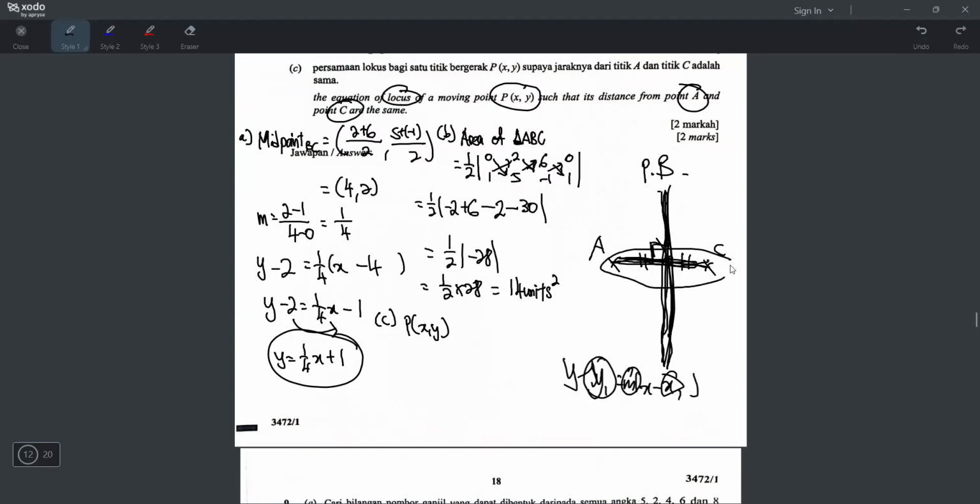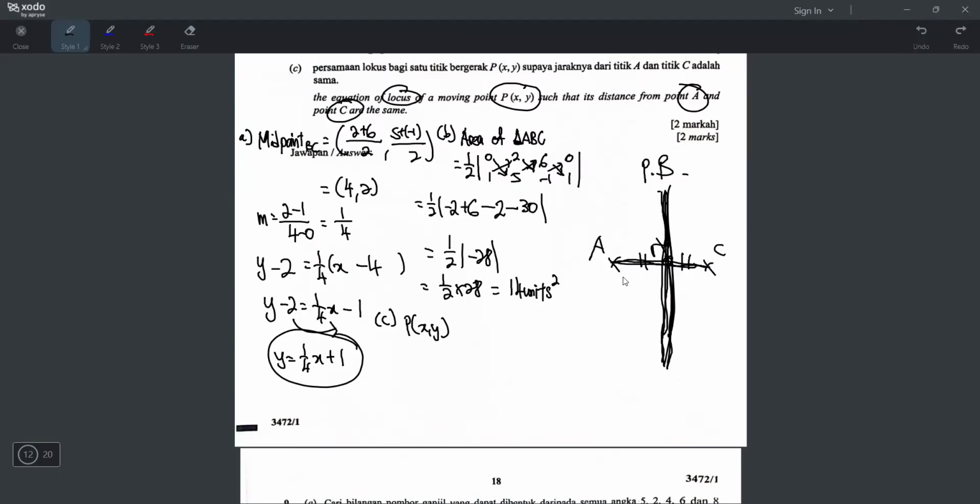So you can find the gradient of this line, and then to get the perpendicular bisector gradient is like m1 times m2 equals -1 lah. And then you just pindah to get the other line gradient. And then for the x1, y1, you need to get the midpoint of AC, because the perpendicular bisector only passes through the midpoint, right? But this method is a bit slow, so I will not use this method to explain. So I will use the distance formula.